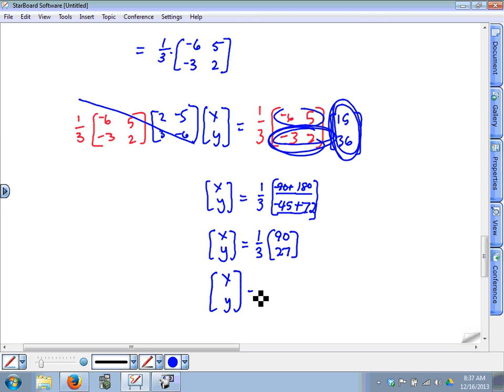So then xy, now if we multiply the 1/3 in there, what do we get? 30 and 9. So your solution is the ordered pair 30, 9.